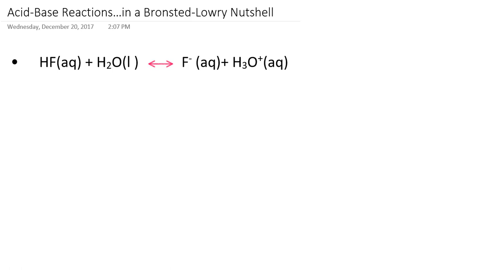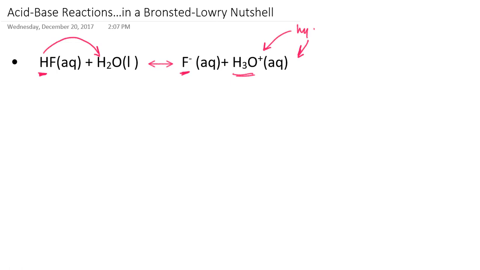And so let's take a look at this example equation that I've provided on this slide. If you take a look at what's going on in this particular reaction, there is a proton on this species that's actually being donated to the water. When that occurs, on the product side, I'm left with a fluoride ion and this species, H3O+.